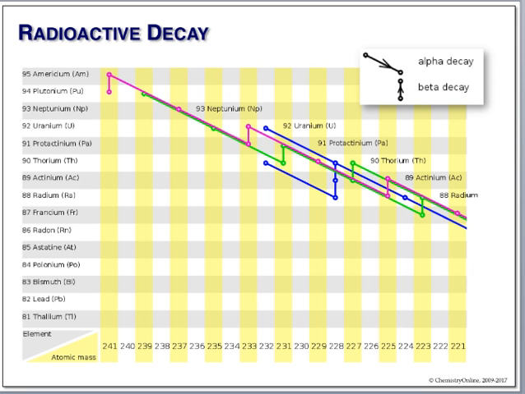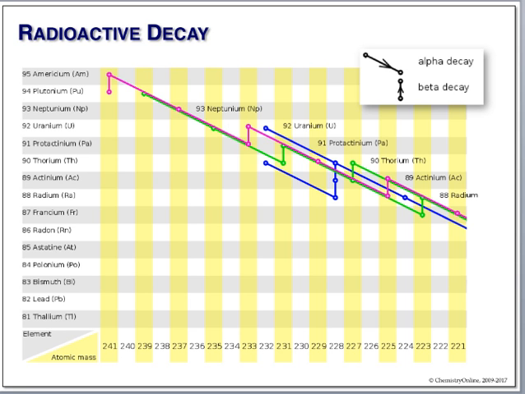So here for plutonium, we can lose a beta, go up to americium. We can lose an alpha, go down to neptunium. Lose another one, go down to protactinium, something like that. Lose a beta, go up, go down, go up, go down, etc. That's the process of nuclear decay.